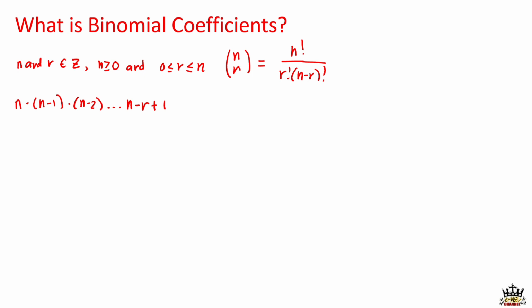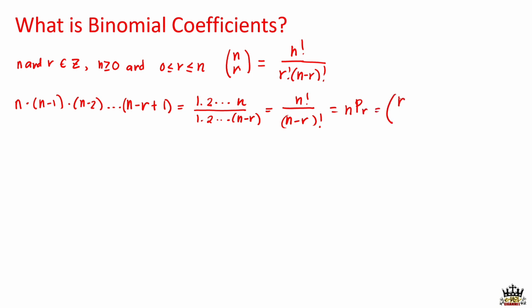So the number of ways of choosing r objects in a particular order is n times n minus 1 times n minus 2 and so on to n minus r plus 1, which is equal to n factorial over n minus r factorial, which is the same as nPr.